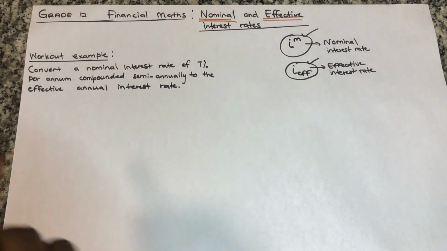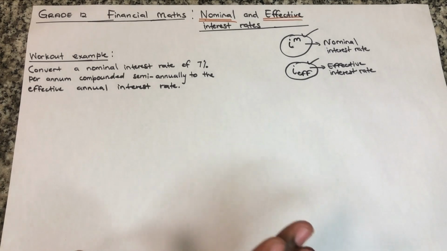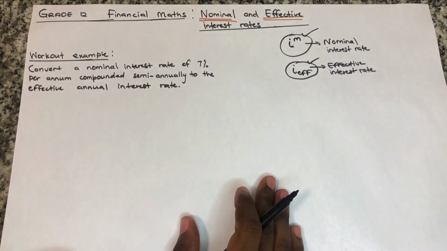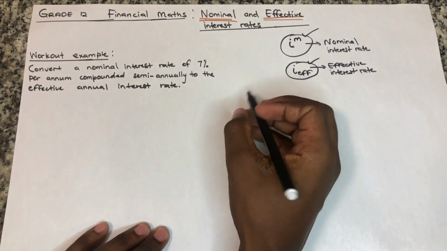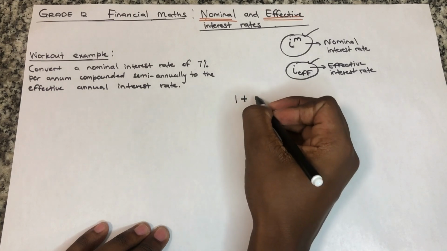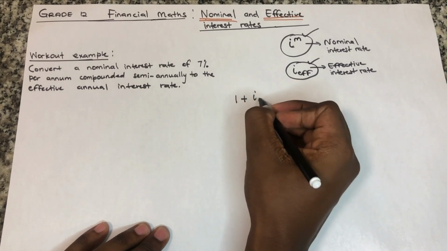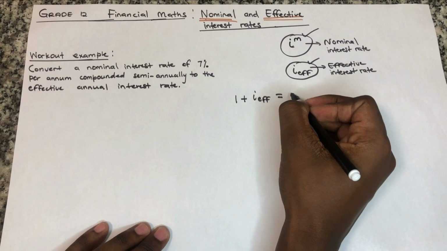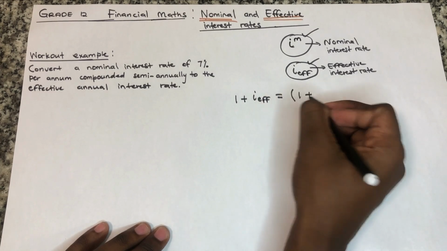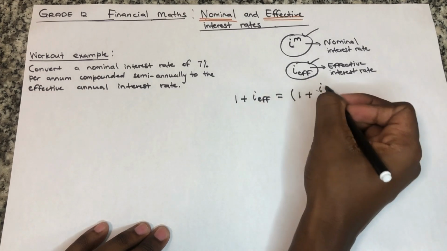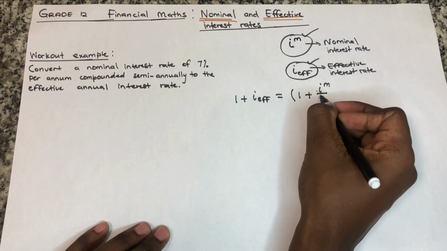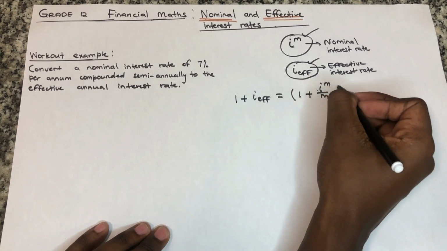So now, let's work out an example. Just before we work out the example, I'd like us to start with the formula. The formula for nominal as well as effective interest rates is: 1 plus IEFF, effective interest rate, is equal to, open brackets, 1 plus nominal interest rate over compounding periods, close brackets, to the power of M. Hope we all know that.